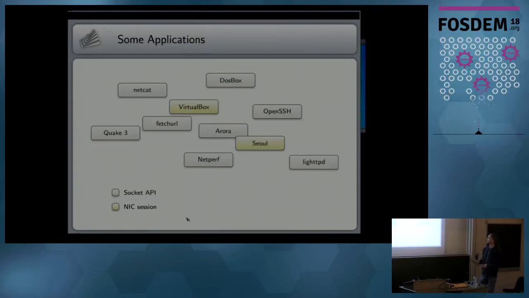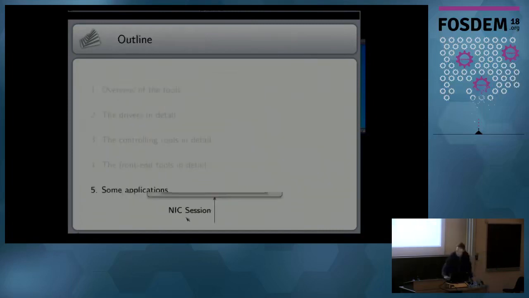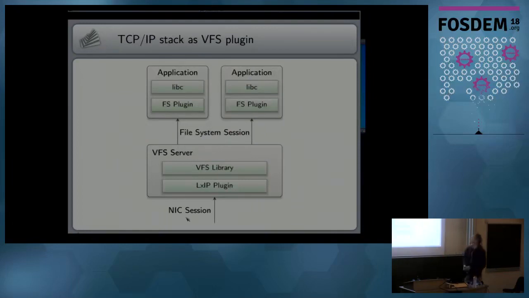And we have components like DOSBox for games, or a server like lighttpd, that read with the socket API from libc, and then we have this concept that this is routed through the FS plugin, the file system session, to the VFS server, and so on.